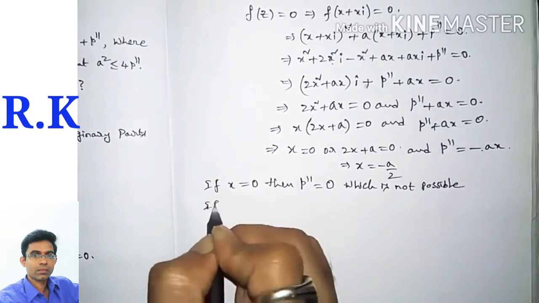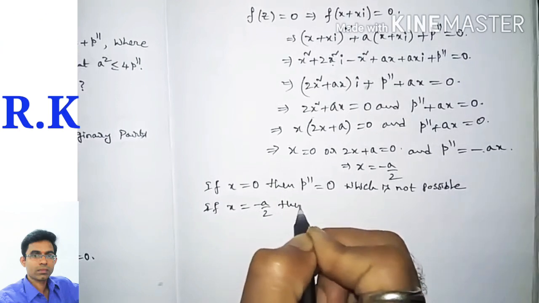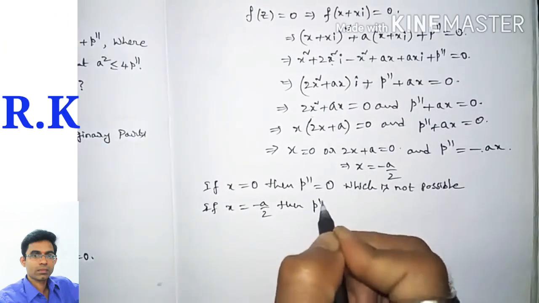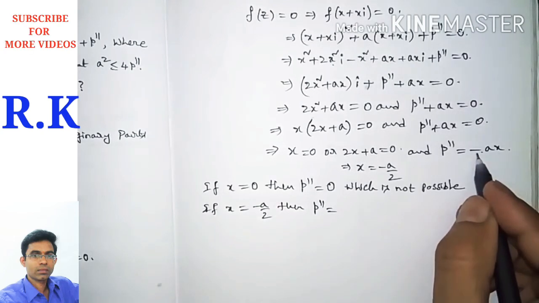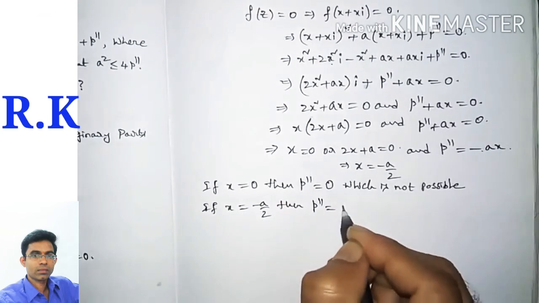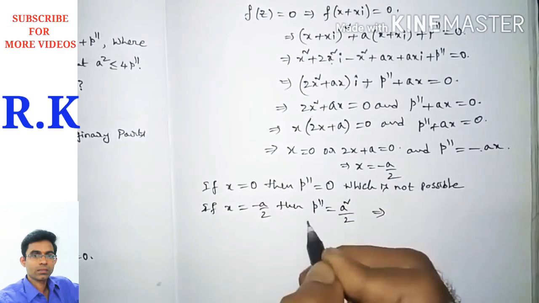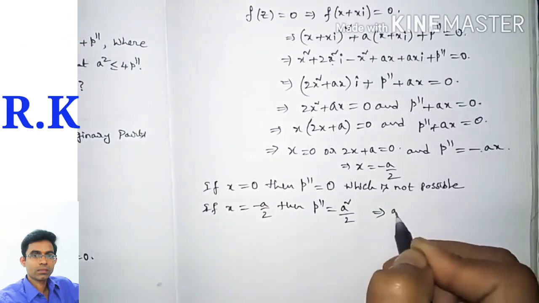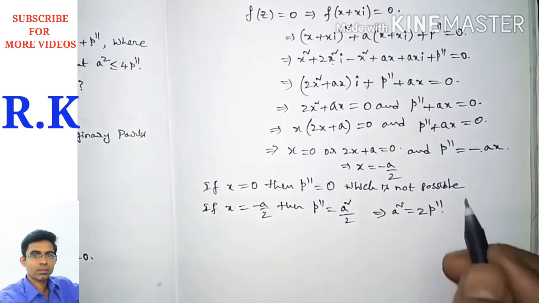And similarly, if x = -a/2, then p^11 is equal to, in place of x we can write -a/2, so minus of minus plus, so p^11 = a²/2. So from this, by cross multiplication, we get a² = 2 into p^11.